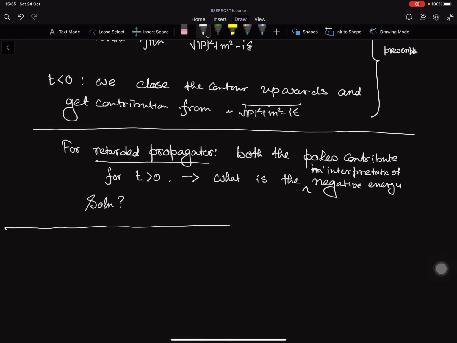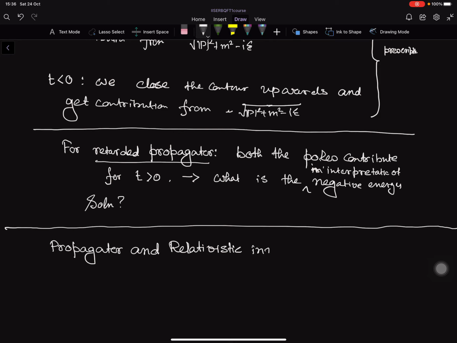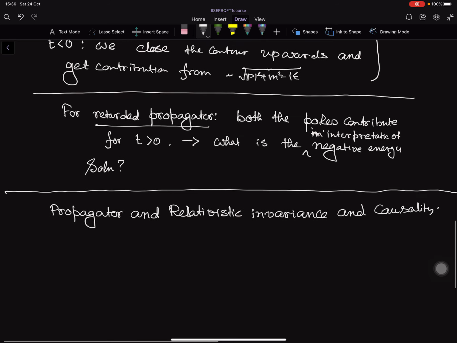But then there is also another important aspect we want to discuss, which is propagator and relativistic invariance and causality. Okay, so the main problem here is that, let's just review.